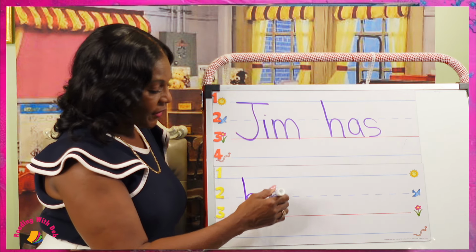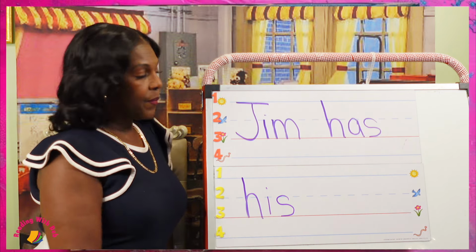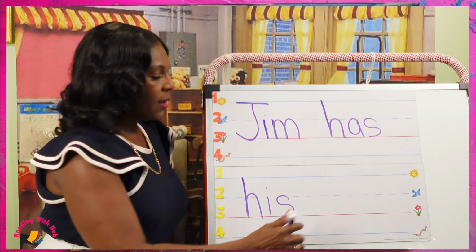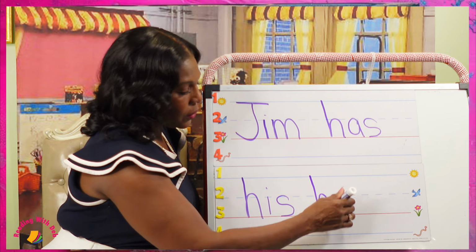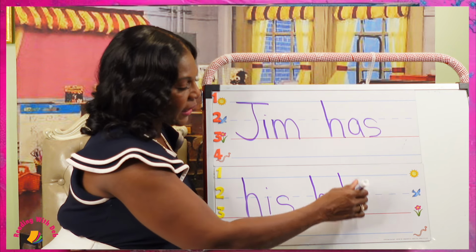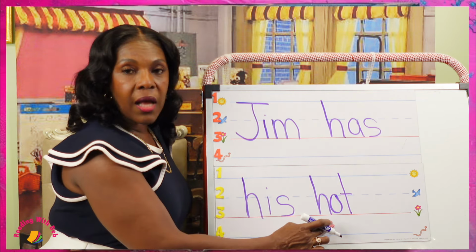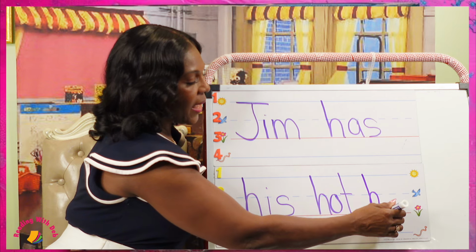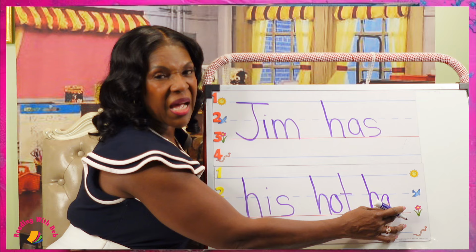His is also one of our sight words, so we should be able to spell his. H-I-S, his. Jim has his hot. That's the H. O. Hot. T. Jim has his hot ham. That's another H. A. Ham. M.